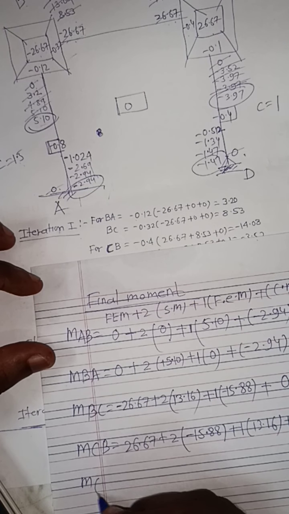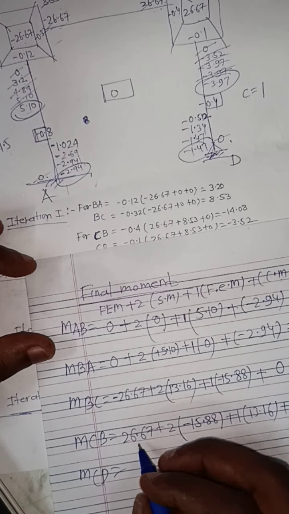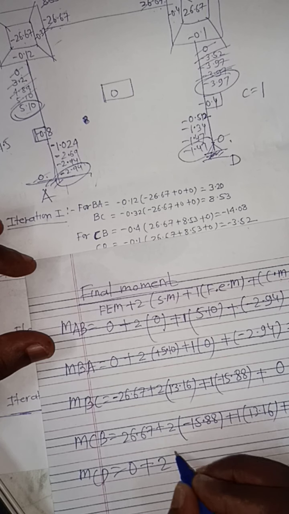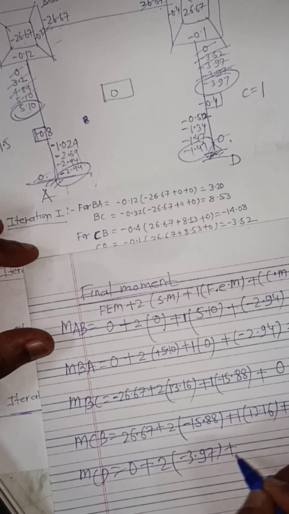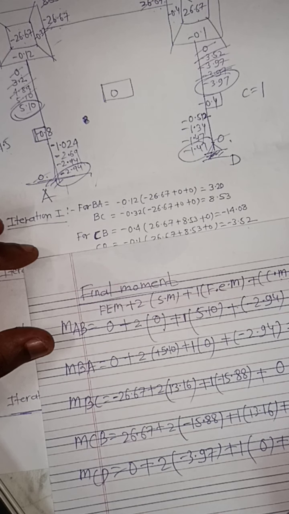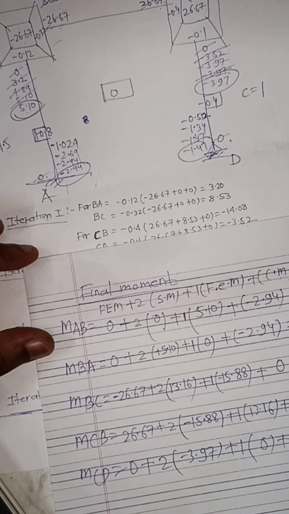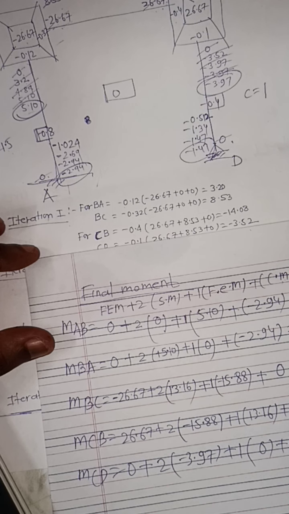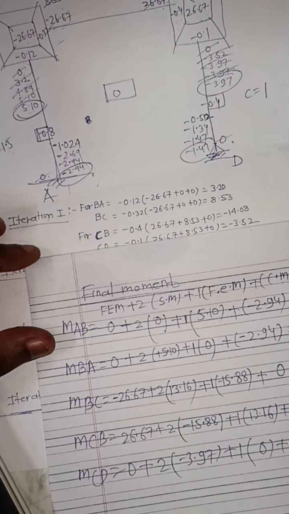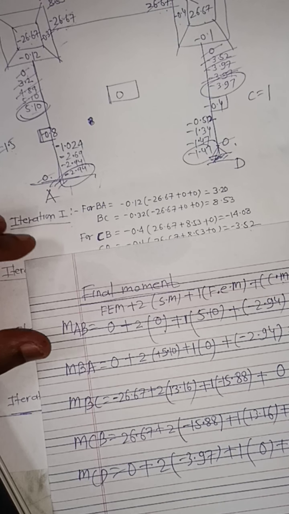Now M of CD we have to consider. M of CD, this is 0 plus 2 times minus 3.97, plus 1 time far end 0, plus minus 1.47. So 2 into minus 3.97 plus minus 1.47, so it will be equal to minus 9.41 will be the answer.